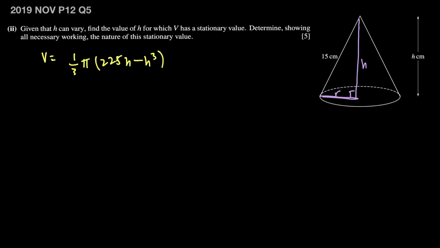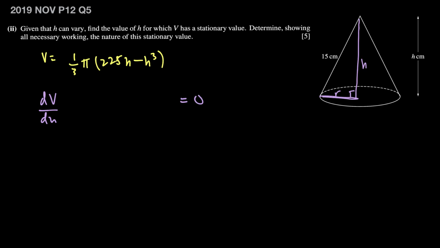And when they say the value of h for which V has a stationary value, what they mean is that the change in volume with respect to h is equal to 0. So that means that dV/dh = 0. We need to find the value of h for which dV/dh is equal to 0.